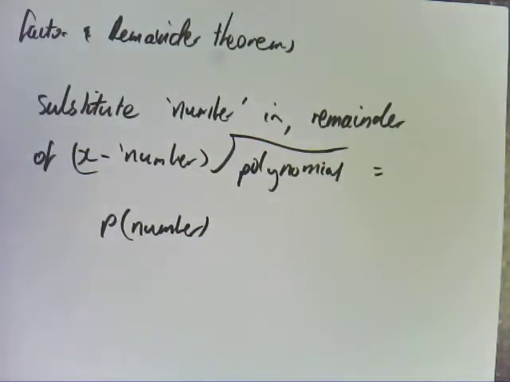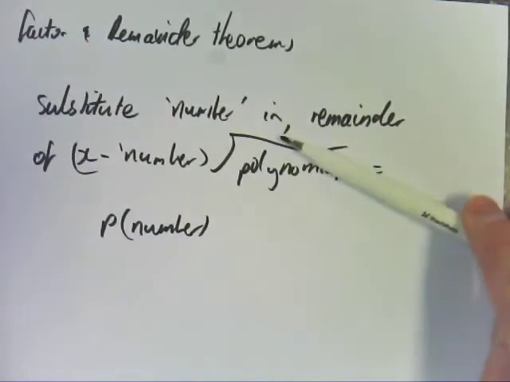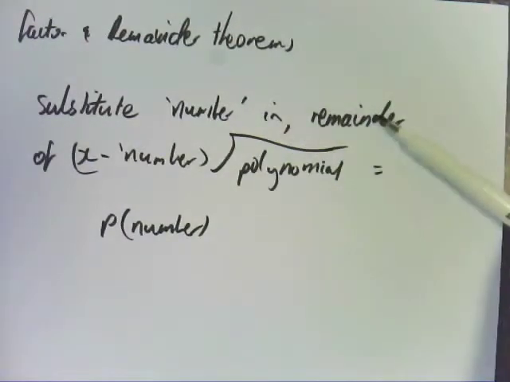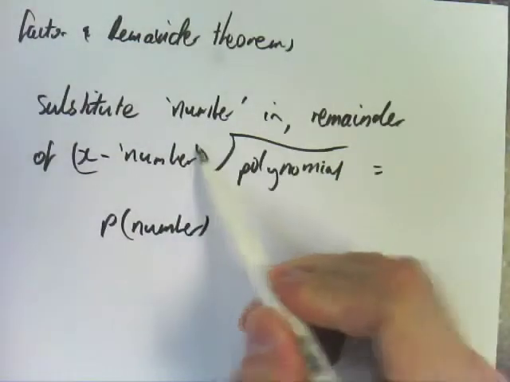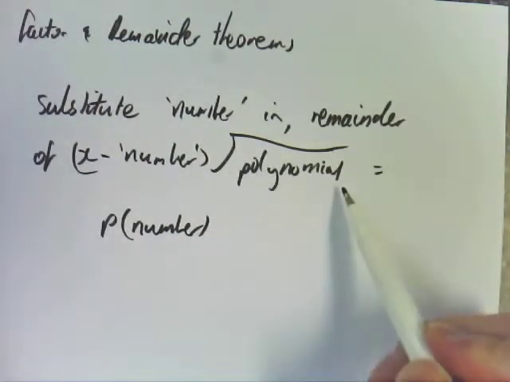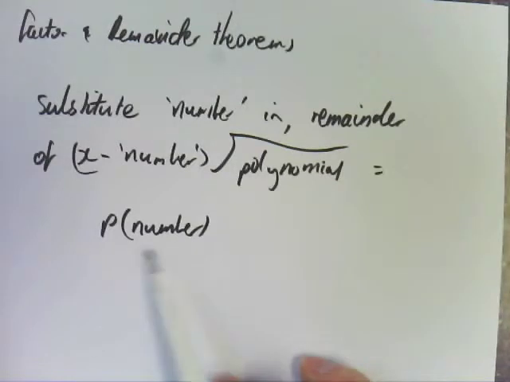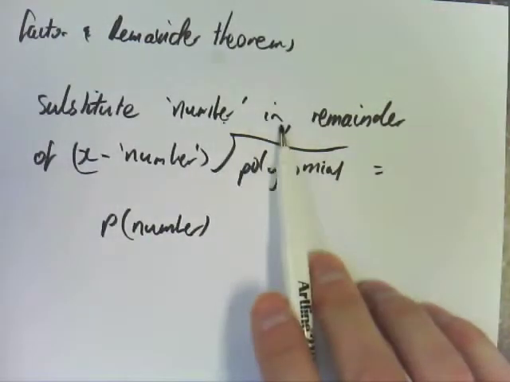How's that? Clear as day. Alright, so it's actually not that bad. To do it, you substitute the number in. Okay, the remainder, when you divide x minus number into that polynomial, is the same as the p of the number. Okay, so that's that, substitute number in.